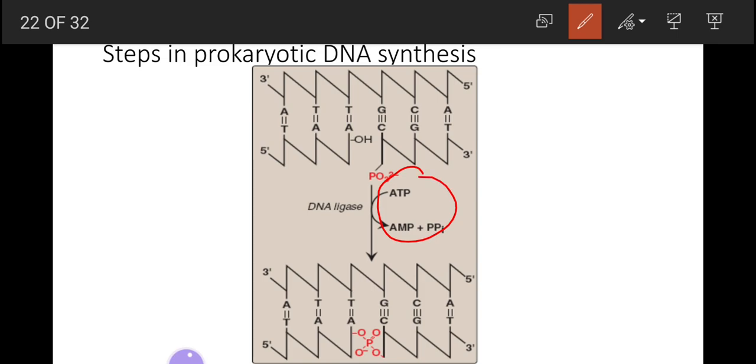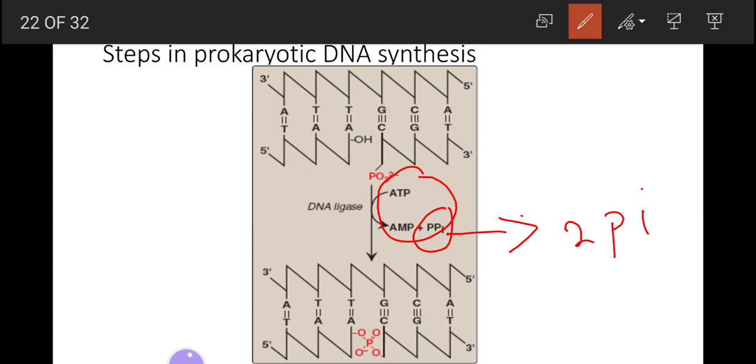The process again requires ATP, and here again the pyrophosphate is removed. I have told in my lectures many times that production of pyrophosphate, PPi, with subsequent hydrolysis of the PPi to 2 Pi is a common theme in biochemistry.